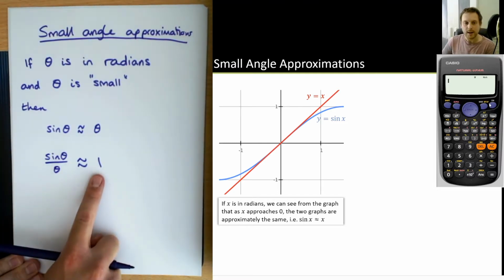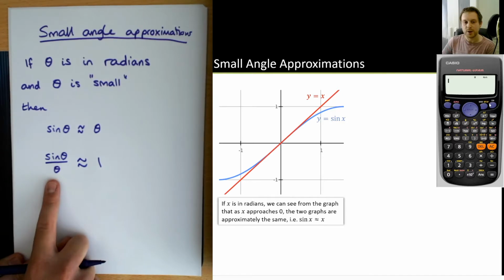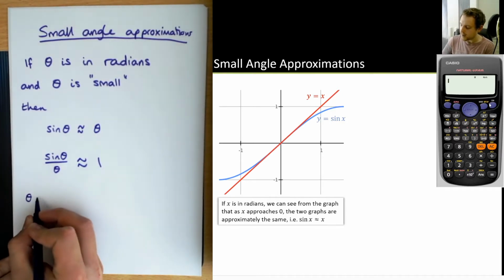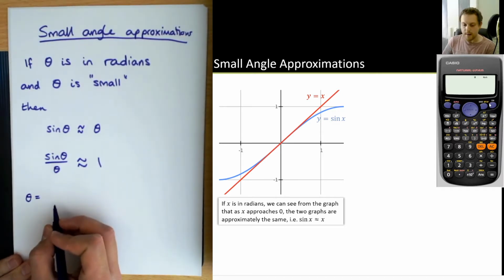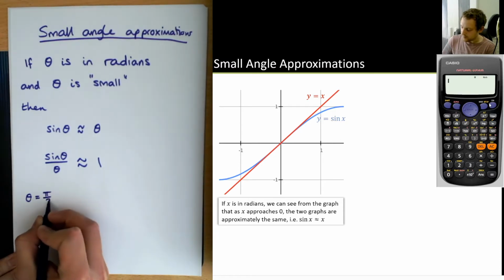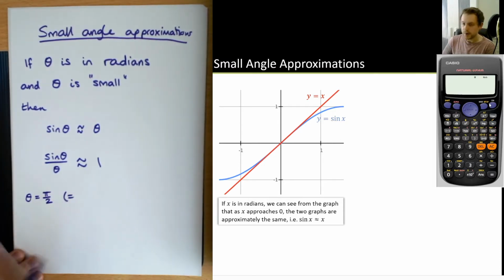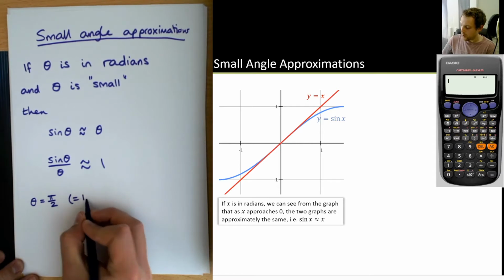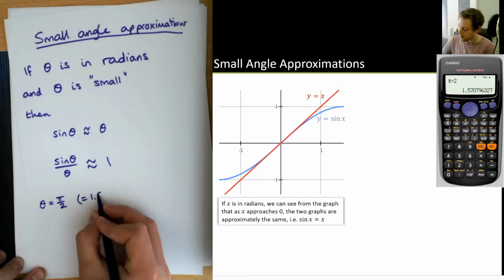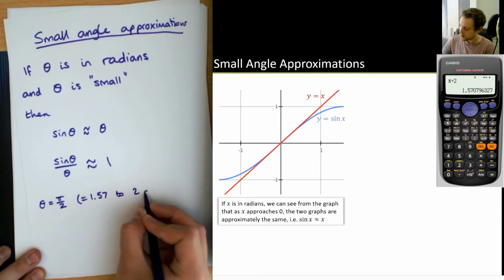Now this is actually a lot easier for me to test because I want to get closer and closer to 1. I want this expression to get as close as I want to 1. So let's try it. So if theta is, let's try theta is pi by 2, which of course equals about 1.57. So let's actually see what that actually is. Yeah, so about 1.57 to 2 decimal places.